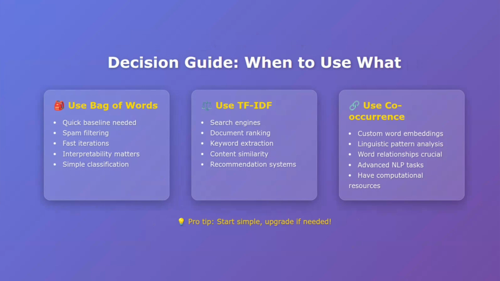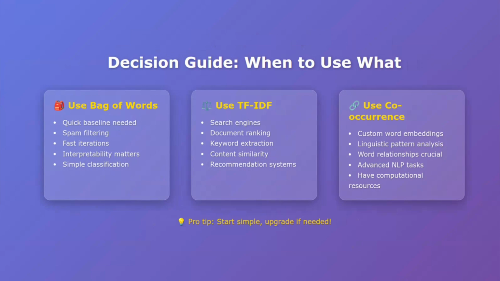Use TF-IDF when you're building information retrieval systems, search engines, document ranking, recommendation systems based on content similarity. TF-IDF shines here. Also great for automatic keyword extraction when you need to summarize what a document is about. And use co-occurrence matrices when you're doing more advanced NLP, building custom word embeddings, analyzing linguistic patterns, or when understanding word relationships is central to your task.